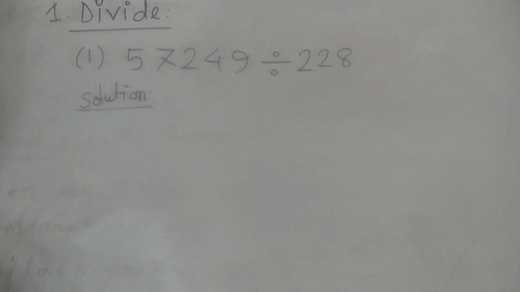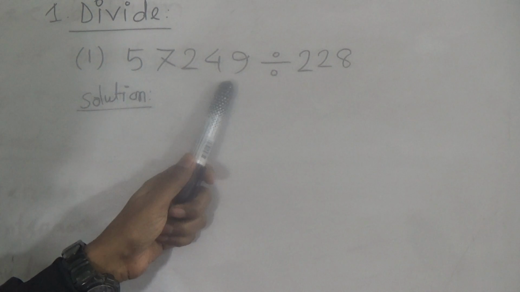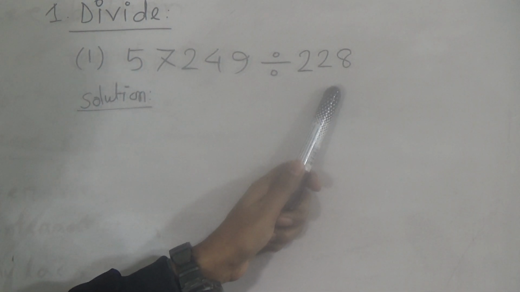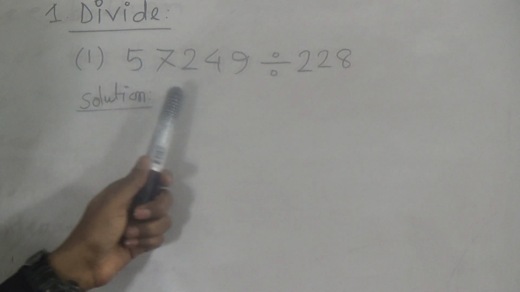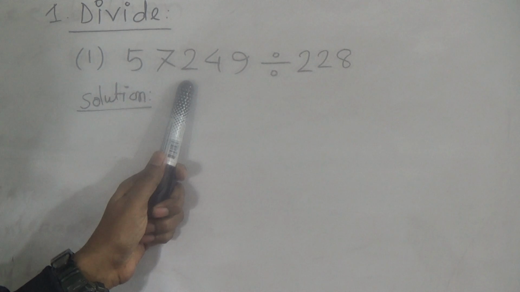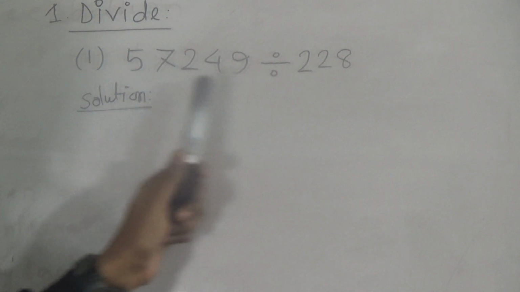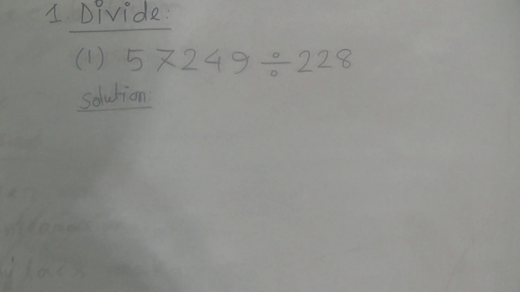Look, this is 57,249 divided by 228. You already learned in the previous class that this is called the dividend and this is called the divisor. This is the divisor and this is the dividend.